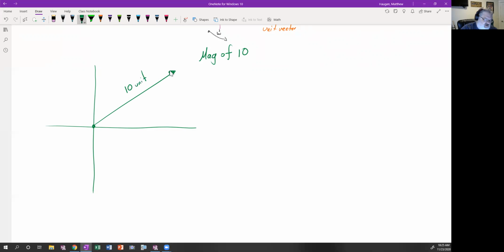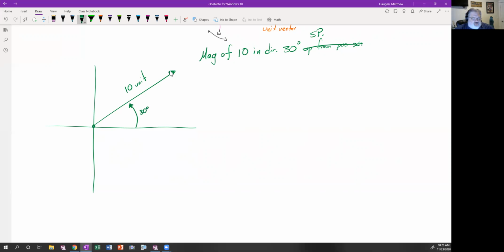And again, it could be 10 feet, 10 feet per second, 10 pounds, it could be 10 anything. And a particular direction, let's just say 30 degrees up from positive x. So I could have just said 30 degrees standard position. So that's 30 degrees.